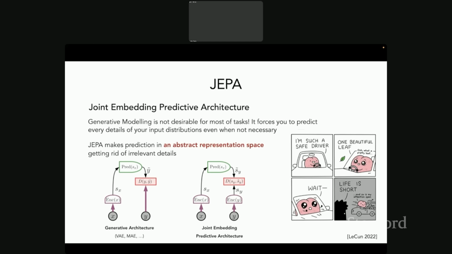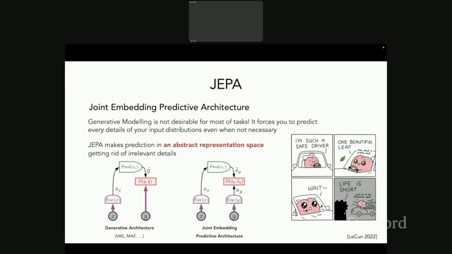JEPA says that this is, for most tasks, not desirable. For instance, if you do a self-driving car application, you most likely don't care to model the movement of the leaves of a tree on the road. If you do generative modeling, by definition, you will have to model that because you want to model all the details of your input. So your loss is going to give signal for that.